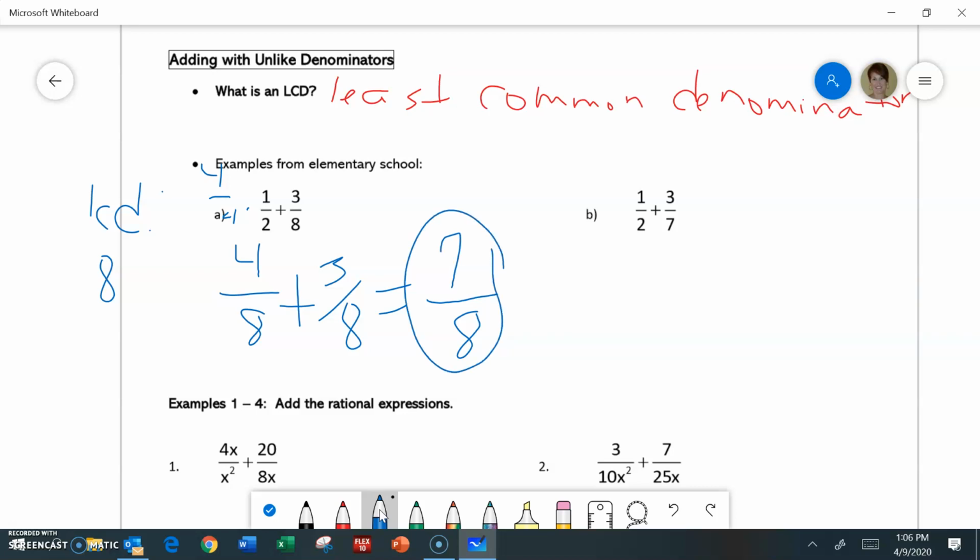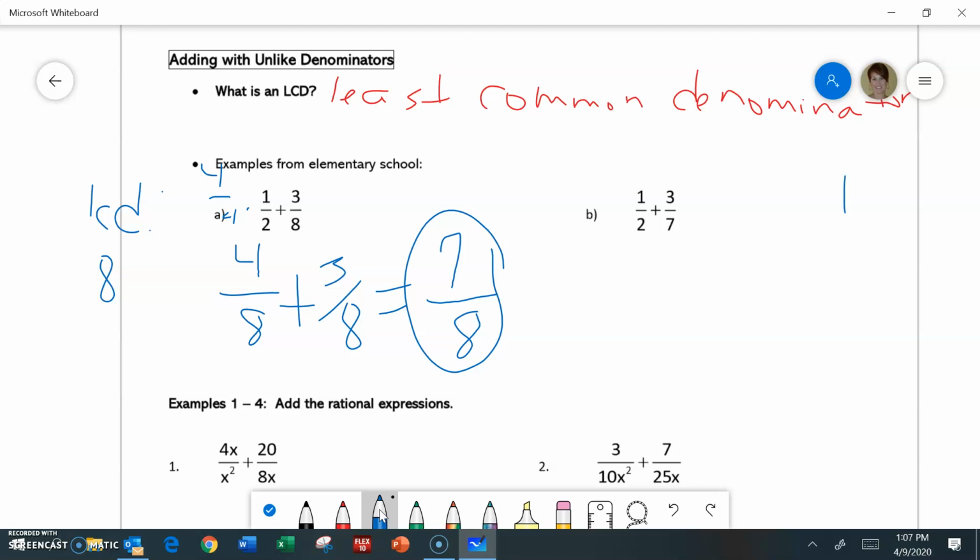Okay, now let's take a look at example B. You'll notice it's very similar to A in that we have 1/2, but this time we have plus 3 over 7. Now, 2 does not go into 7 like it did for A, where 2 went into 8. So 2 goes into 7 no times. We have to ask ourselves, what's the smallest number that 2 and 7 can both go into?